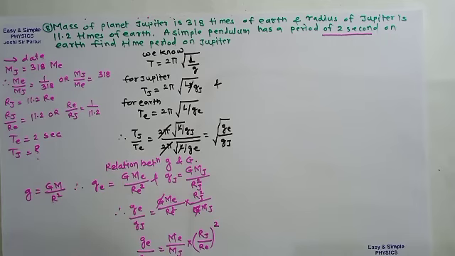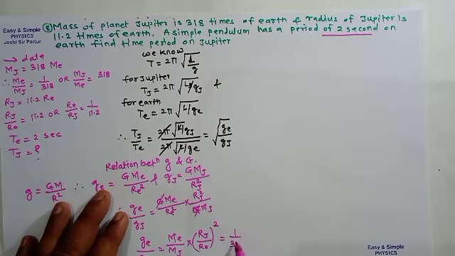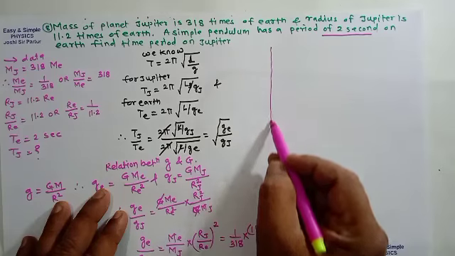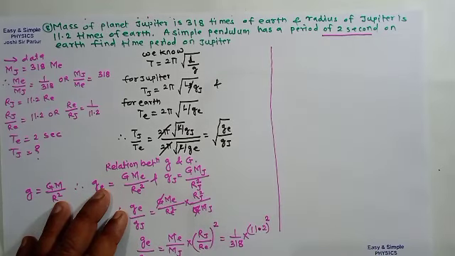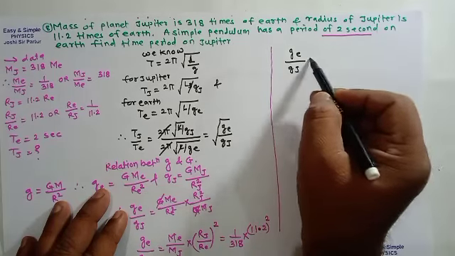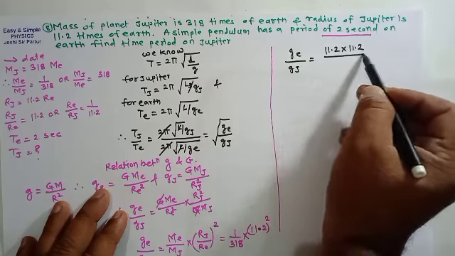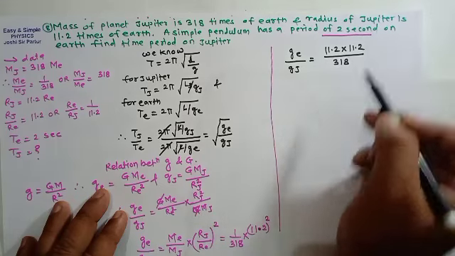If we substitute the values, mass of Earth upon mass of Jupiter will be 1 upon 318 multiplied by 11.2 bracket square. So small g Earth upon small g Jupiter will be 11.2 multiplied by 11.2 divided by 318.